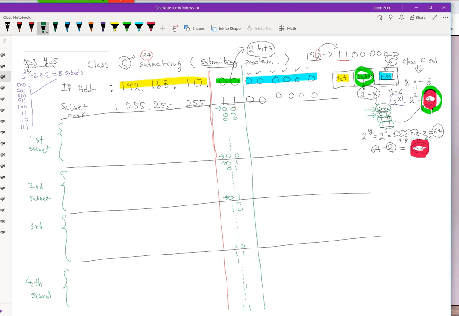Okay? So you can think this is like a hierarchical. Why? Because, for example, you can think network address is Jack Brown building, and the first floor, room number 124. With the subnetting, you can really express the floor, if I use an analogy. The network portion is 192.168.10, the same.